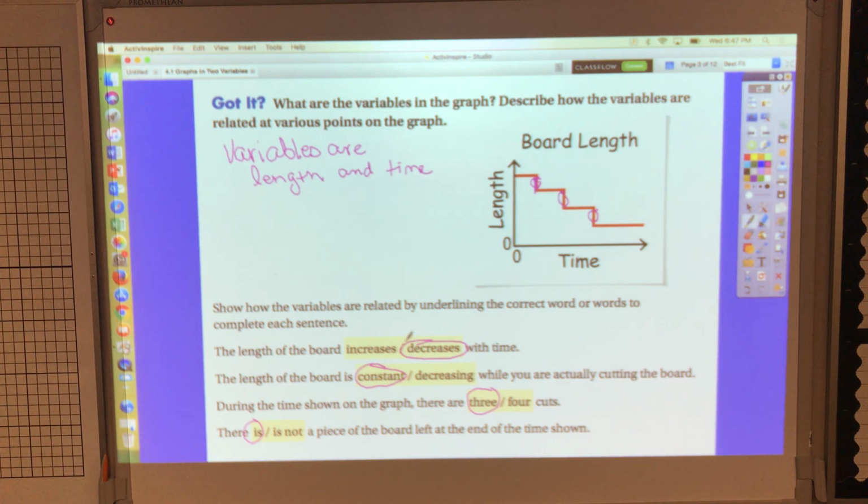So it asks me to describe how the variables are related at various points on the graph. I could say that the board starts out long. We always want to talk about our starting point. It is cut 3 times until it reaches its desired length.